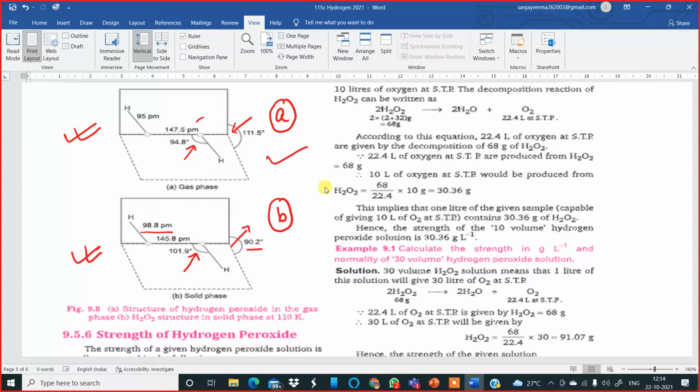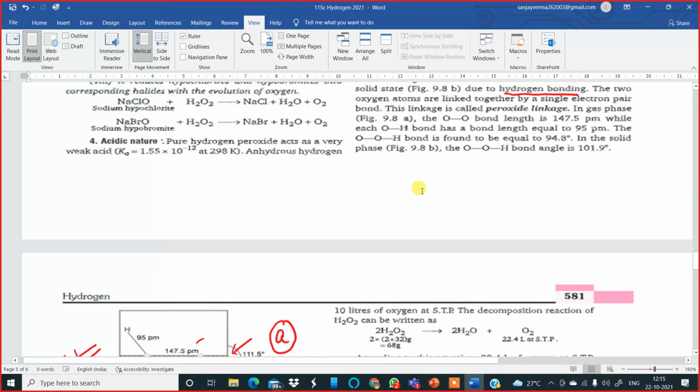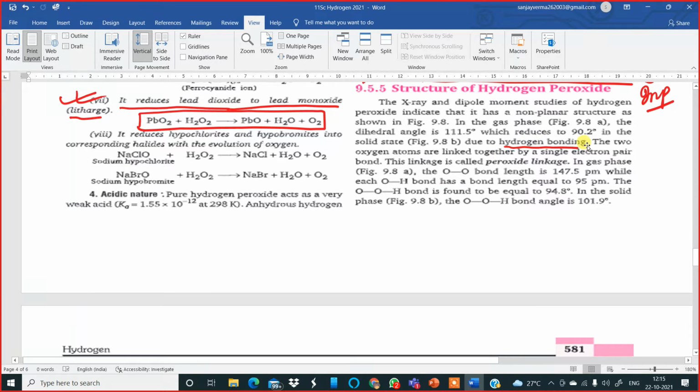So this is how you have to try to remember the two structures of hydrogen peroxide, one in the gas phase and the second one in the solid phase. This difference in the bond angles and the bond length is all because of what? It is all because of hydrogen bonding.